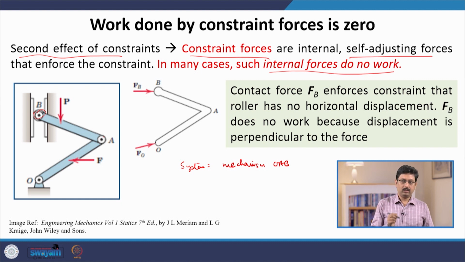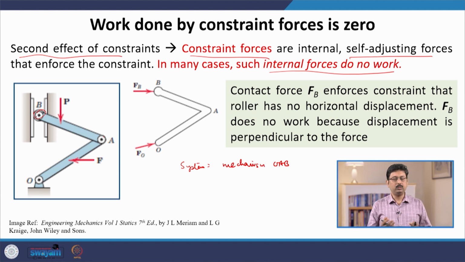Now, the effect of this constraint is to ensure that the roller moves only in the vertical direction, which means that there is no horizontal force, so no horizontal displacement is possible for the roller. That is the constraint. So, that means that this contact force.